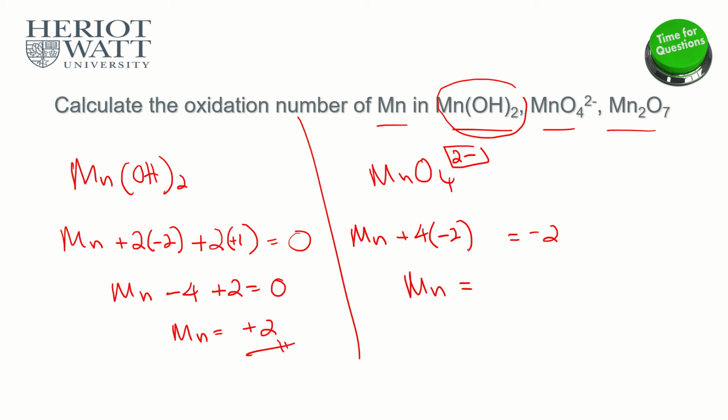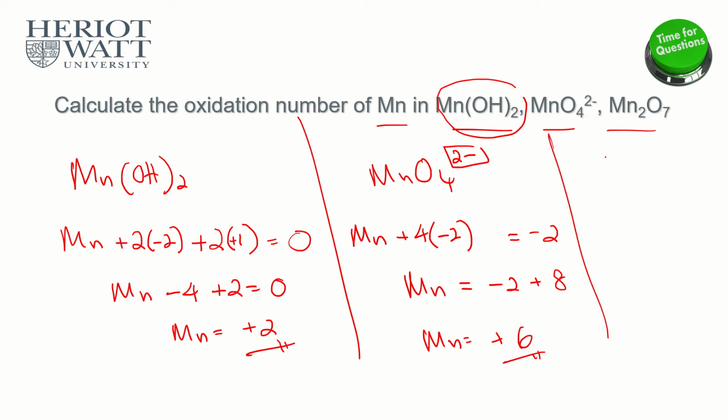Mn equals -2 plus 8. Then your manganese equals +6. So that's the oxidation number of manganese.